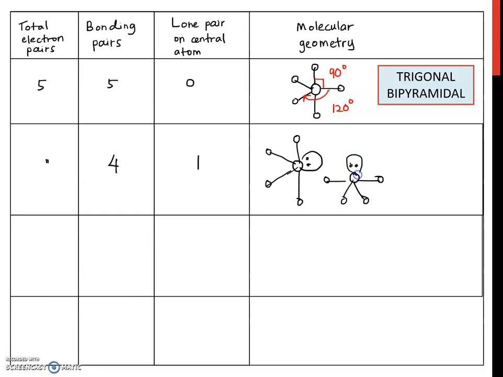Okay, 1 lone pair and 4 bonding pairs. Okay, so molecular geometry is seesaw. Okay, or we call it distorted tetrahedron. So nampak macam seesaw.